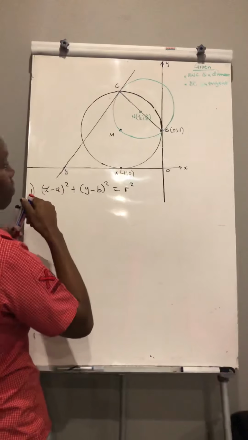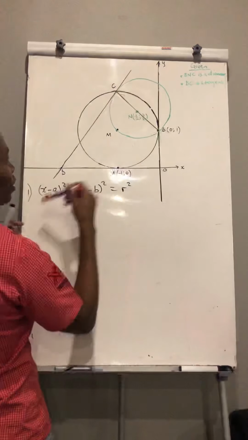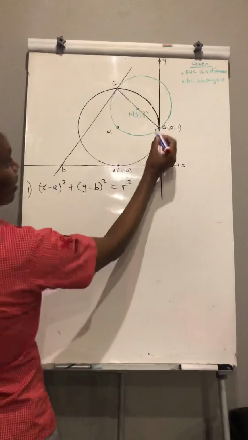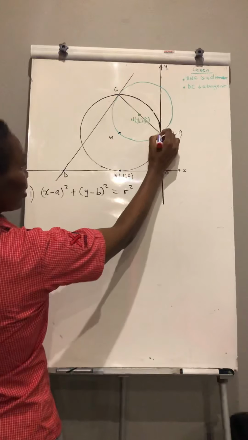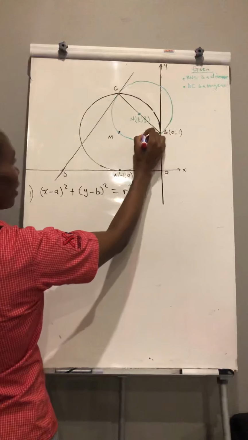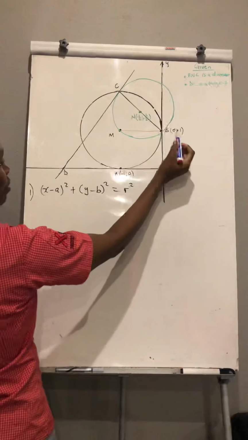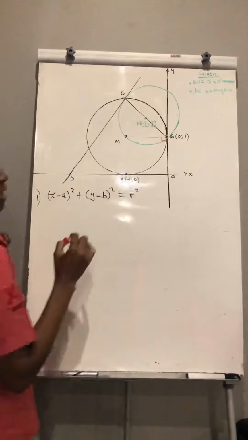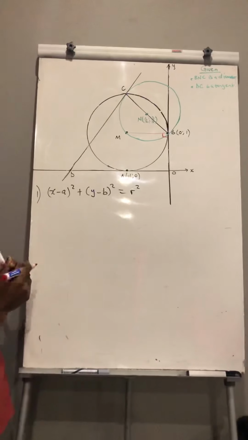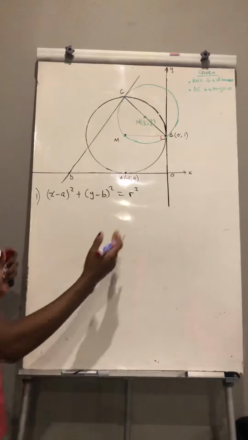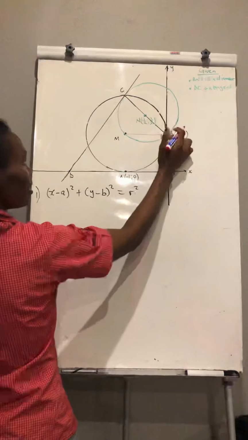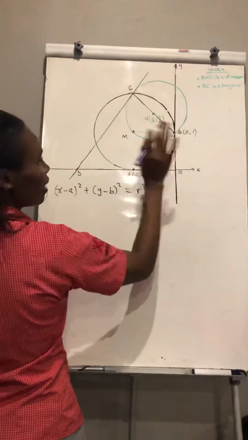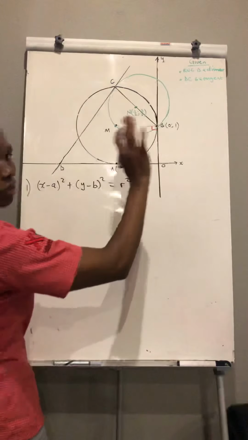Just that part of remembering that if this is a tangent, we know that this is a vertical line. So if I ever draw the radius from there to the center, let me just put it in red like this. If I draw the radius of the circle, what we know is that the tangent and the radius must be at 90 degrees to each other. That part we already know. Now here is what I'm saying. If we have a line that is perpendicular to a perfectly vertical line, that line should certainly be a horizontal line.